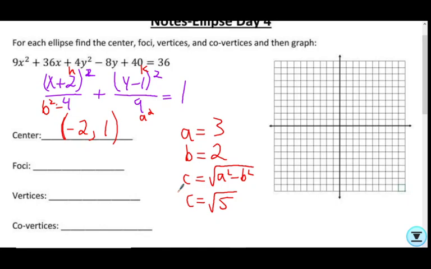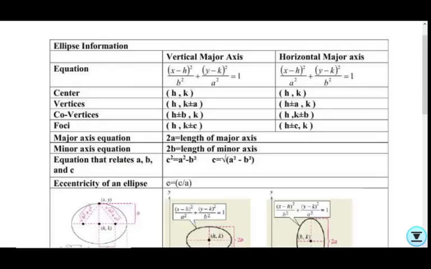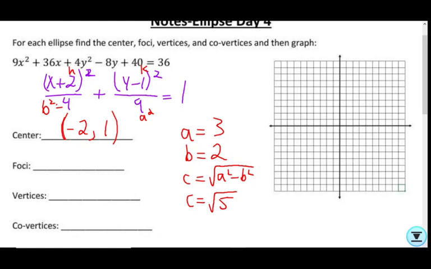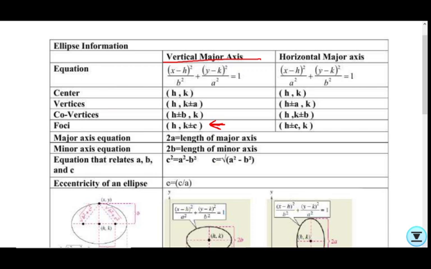So we go to our formula chart, and since we're dealing with a vertical major axis, this is the equation we use for our foci. It's h comma k plus or minus c. So it's going to be h, k plus or minus, and c is the square root of 5. The vertices, same thing.